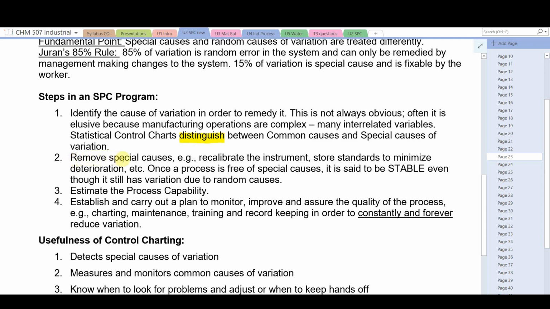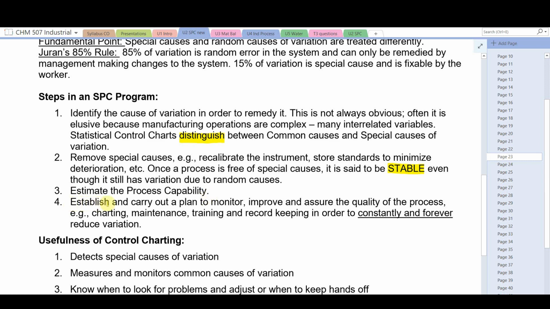Step 2 is to remove the special causes. For example, we might recalibrate the instrument. We might store standards to minimize deterioration, etc. Once a process is free from special causes, it is said to be stable, even though it still has variation due to random causes. Step 3 is to estimate the process capability. It's a simple calculation, and I'll show you how to do that later.